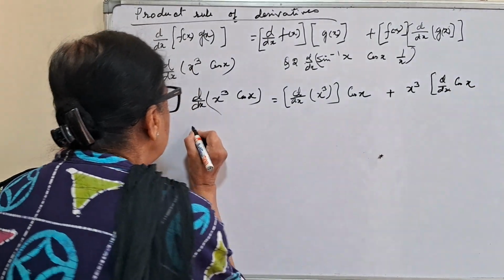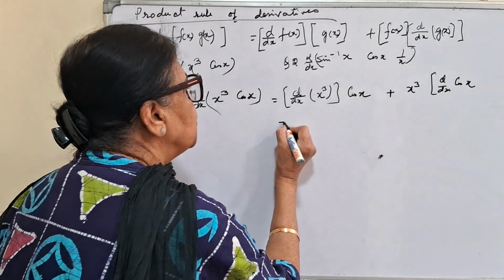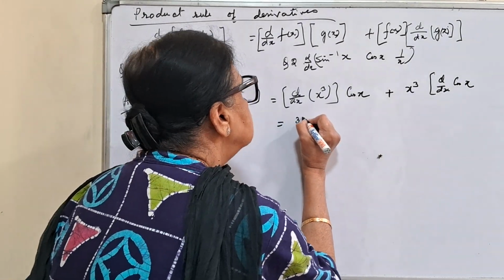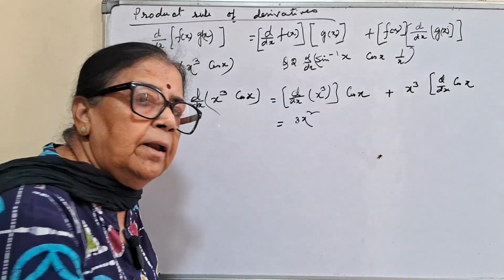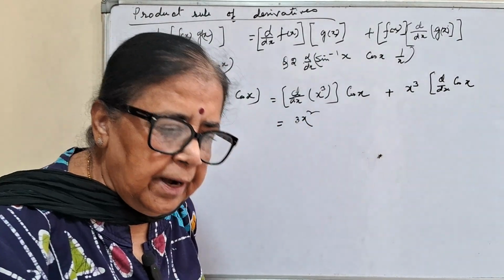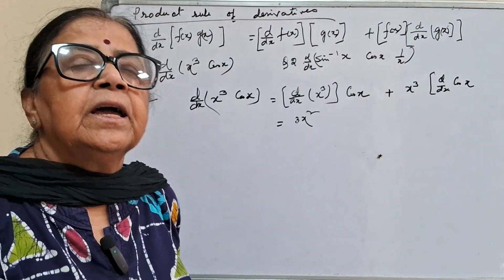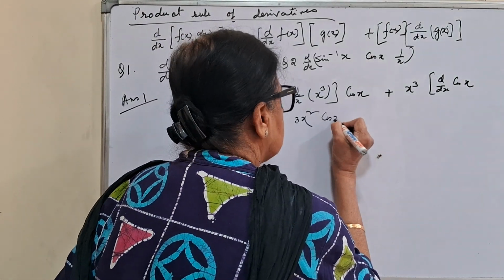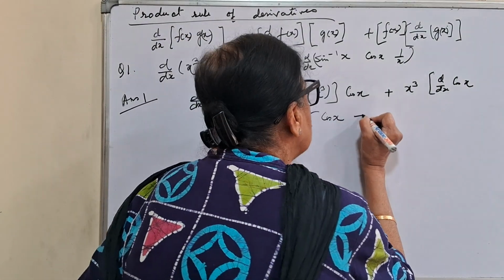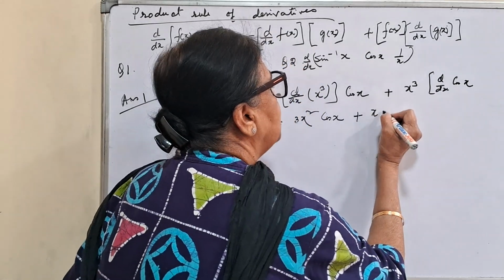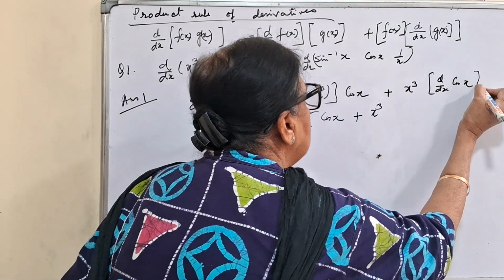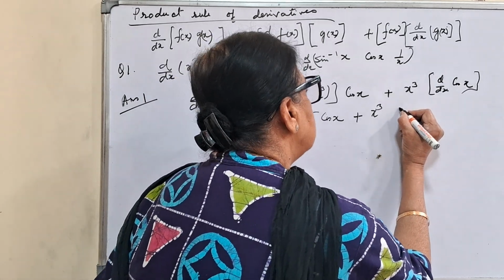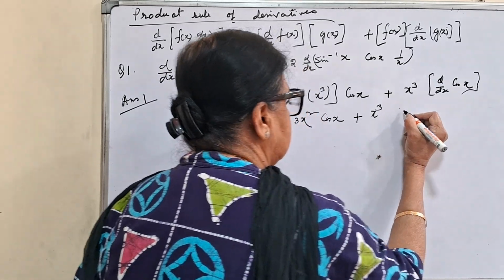That is equal to d/dx of x cube will be 3x square, using x raised to the power n. We will write 3x square cos x, plus we will leave x cube as it is, and write the derivative of cos x, which is minus sin x.